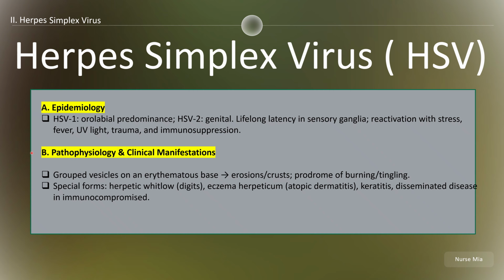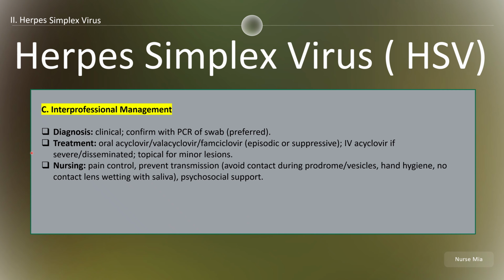Special forms are herpetic whitlow, eczema herpeticum in atopic dermatitis, keratitis, and disseminated disease in immunocompromised patients. The diagnosis is confirmed with PCR of a swab.